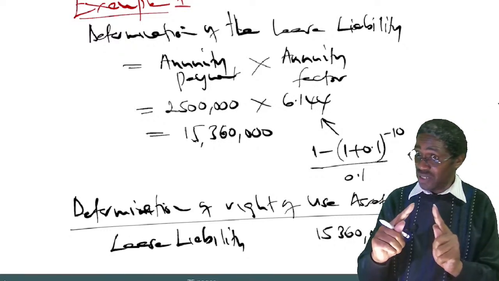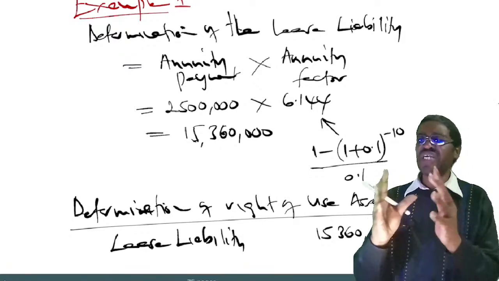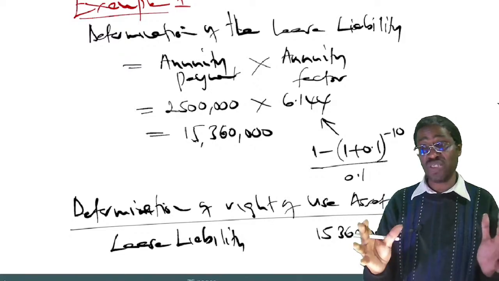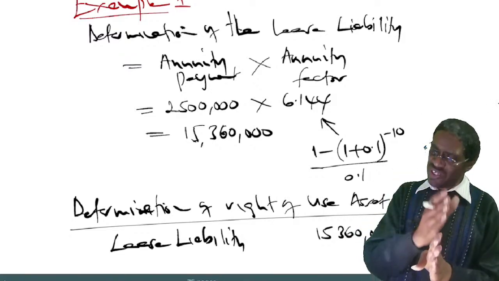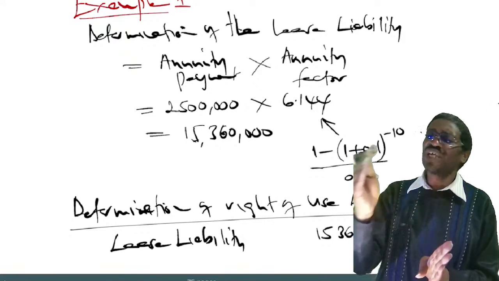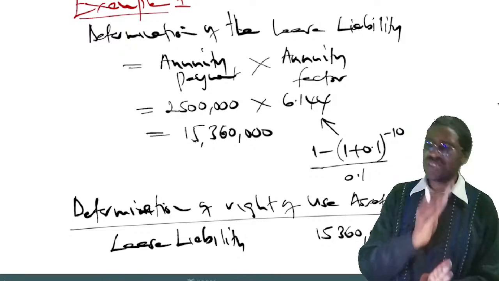You are paying 10 installments, but remember the first one, you would have paid on day 1. So you cannot get the present value of it and say it's a liability. No, you have already paid.